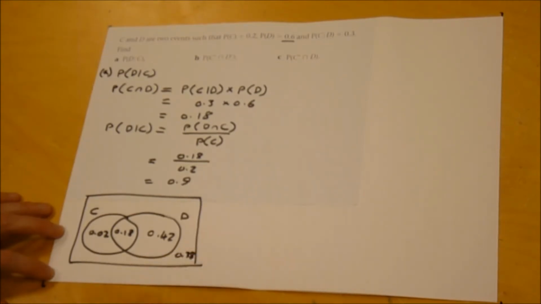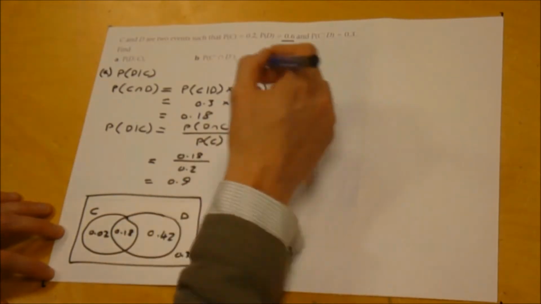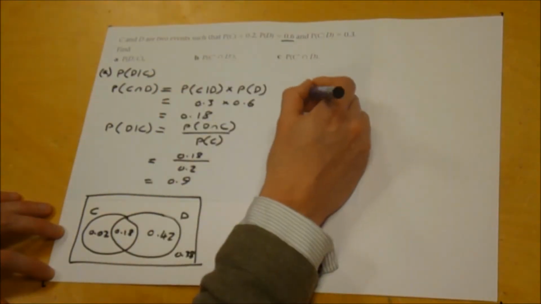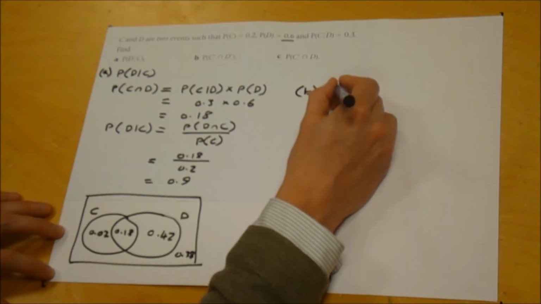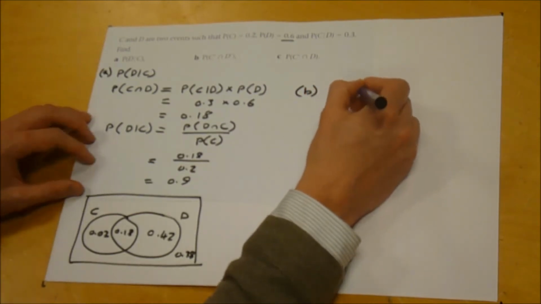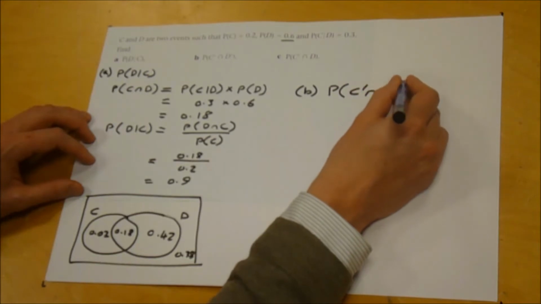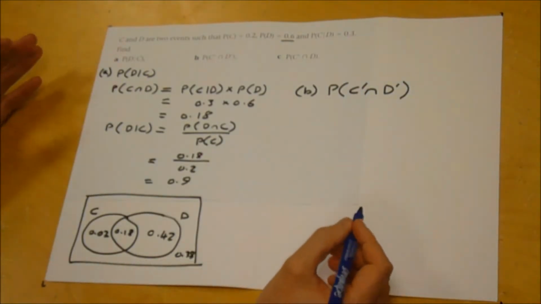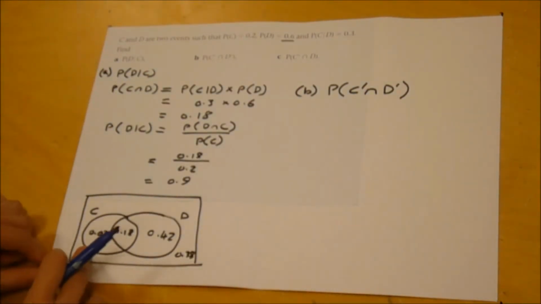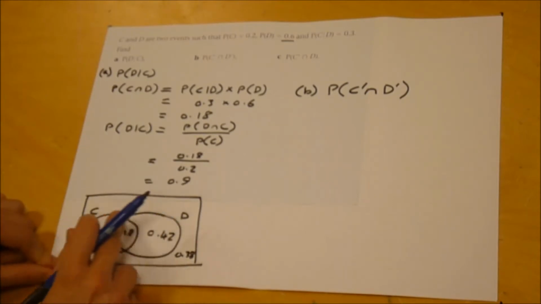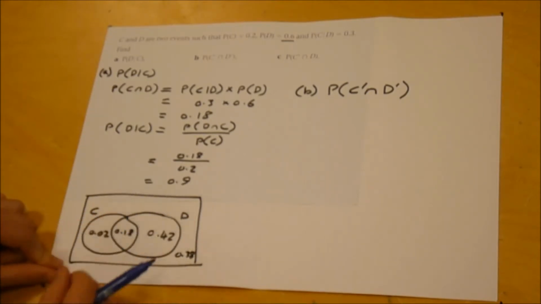0.38 outside. And that's kind of handy because we can see for part B, it asks us the probability of C complement, so that's C not occurring, and D complement, D not occurring. So if neither of them are occurring, well, anywhere in these circles, at least one of C or D is occurring, and in this little middle bit, both of them are.